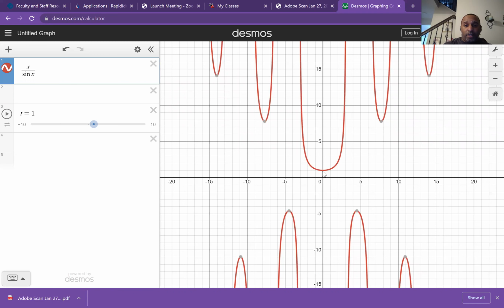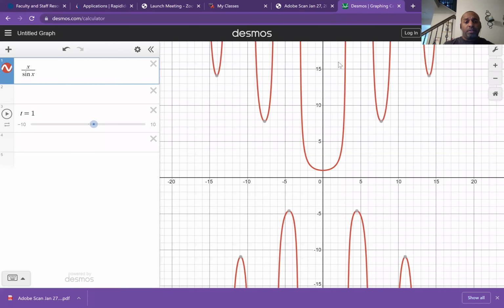So you see right here at 0, see how it says 0 undefined. Notice it's not a vertical asymptote, but there is an open circle there. It's undefined there. This is what I'm talking about, using the graphing calculator or graphing app or website to confirm what you know to be true.